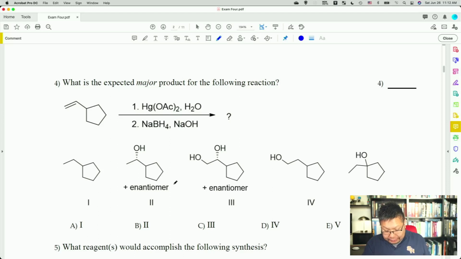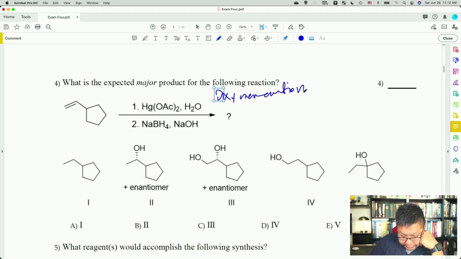What is the expected major product of the following reaction? So this is, if you recall, an oxymercuration-demercuration reaction.